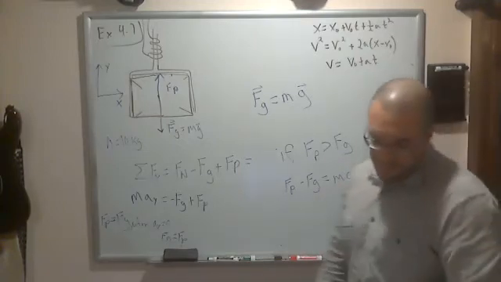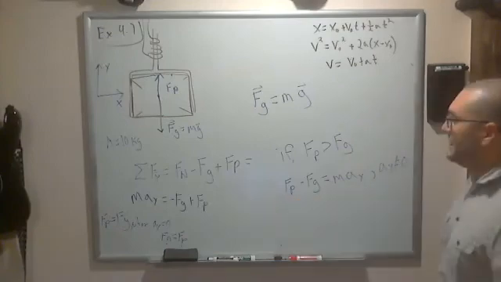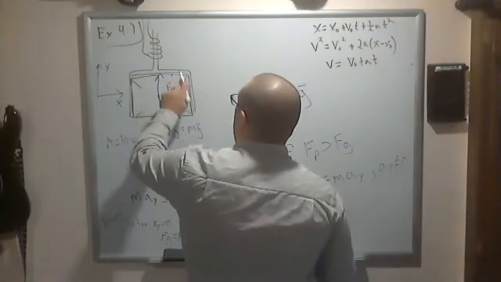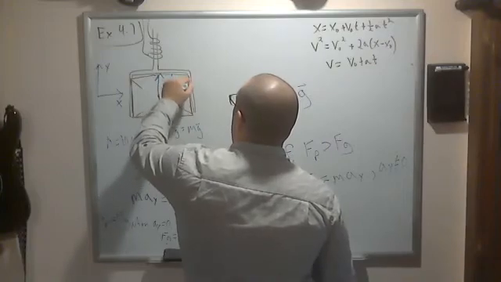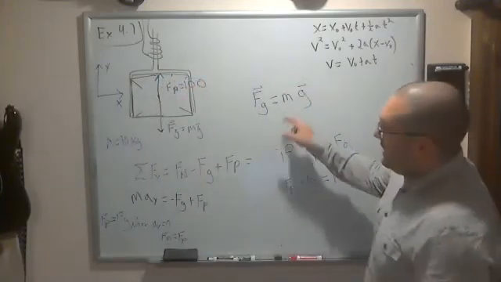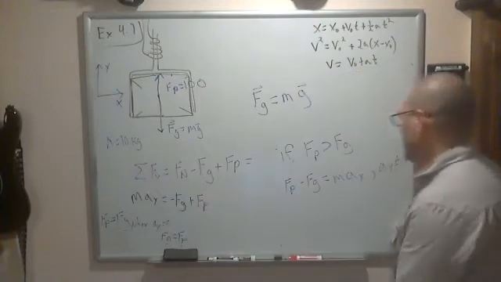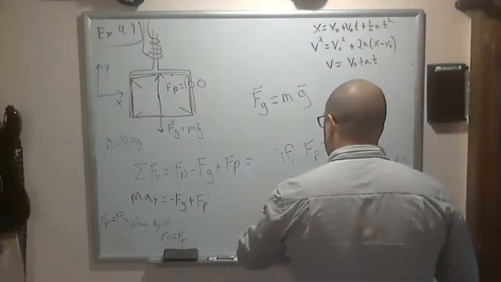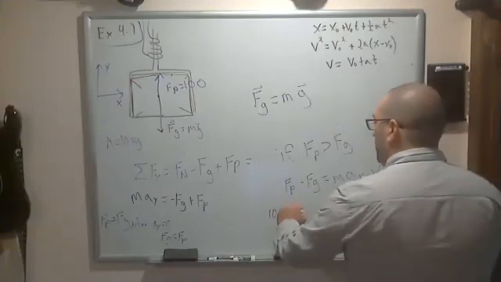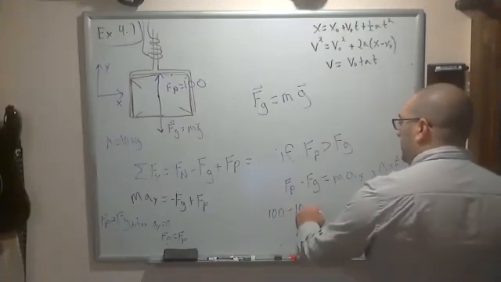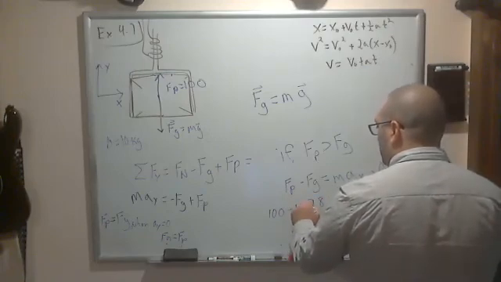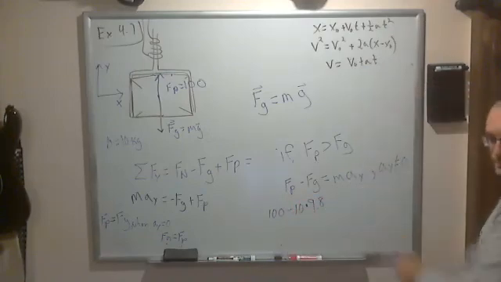So let's say we have Fp of 100, let's say this is equal to 100, right? And then we know the mass, right? So we can calculate this. So this would be 100 minus the mass, which is 10 kilograms, times the acceleration, 9.8, right over here.